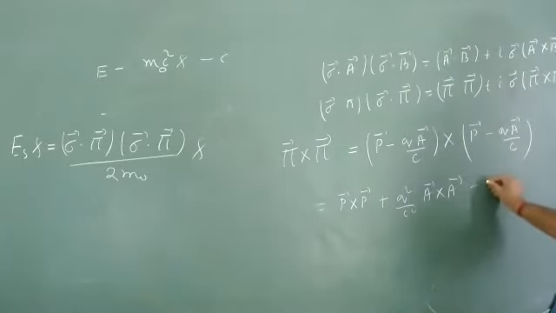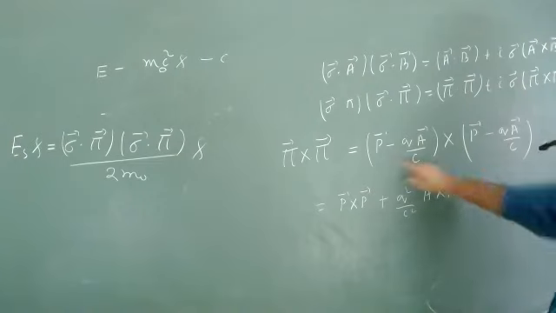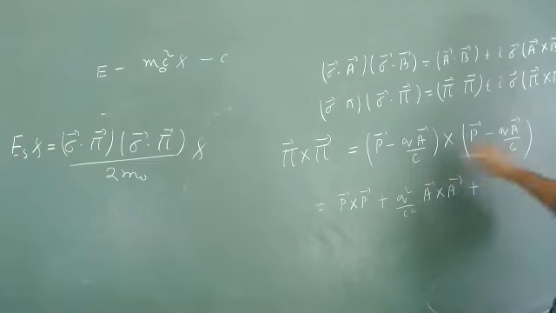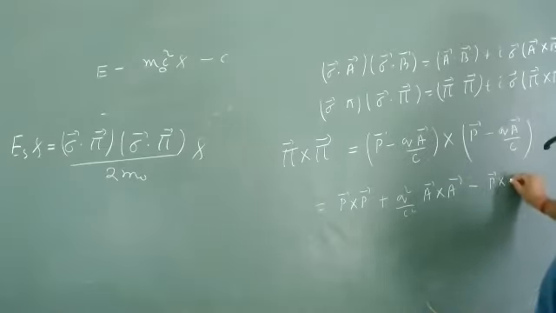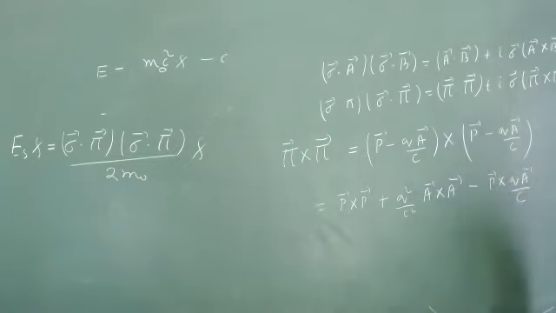The third term is minus Q upon C, P cross A. And the next term is minus QA upon C cross P. Isn't it?